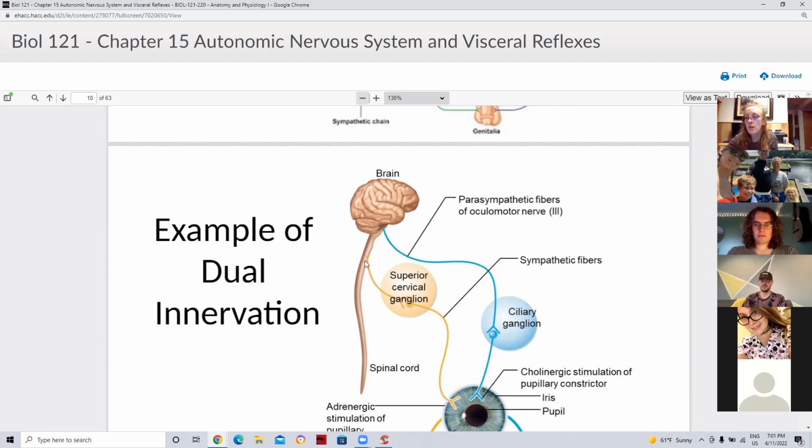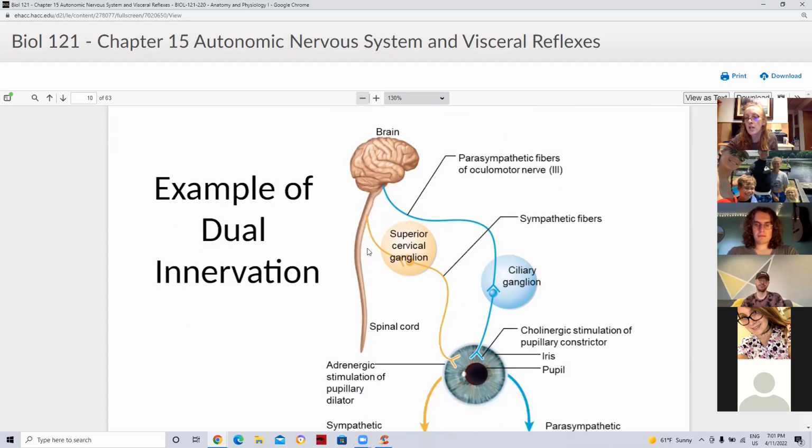The sympathetic nervous system, on the other hand, is going to send out signals causing the muscles of the iris to relax, having your pupil dilate.